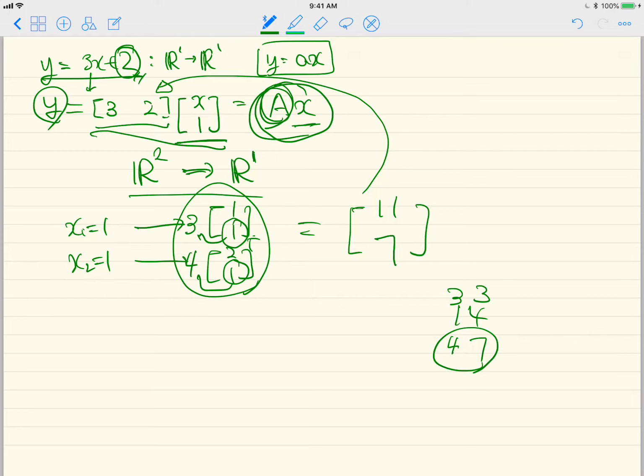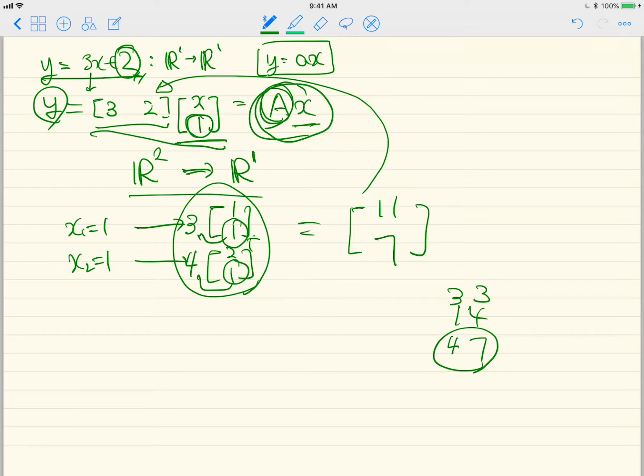Looking at this representation, it doesn't involve any bias term, right? So that way, the affine transformation and the linear transformation have practically no difference.